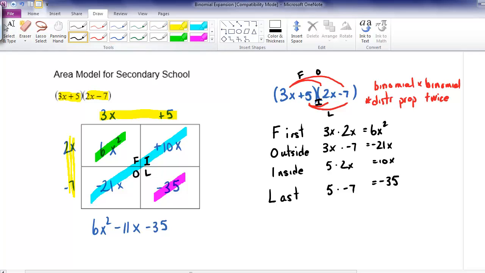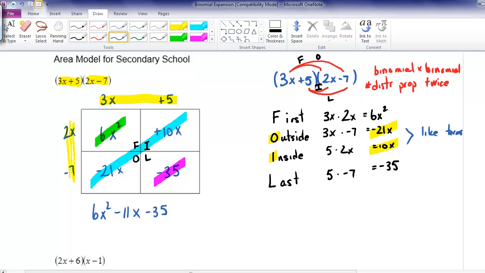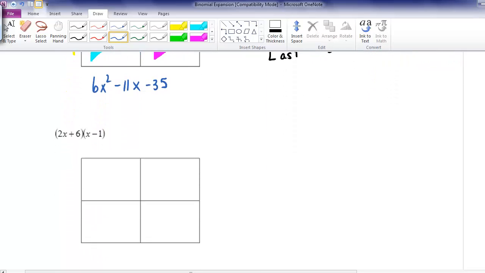And again, what I want you to notice is that in foiling things, it's usually the O and the I, those inside terms, that turn out to be the like terms. So both of these are good. I like the area model better, even though I learned FOIL when I was in school.